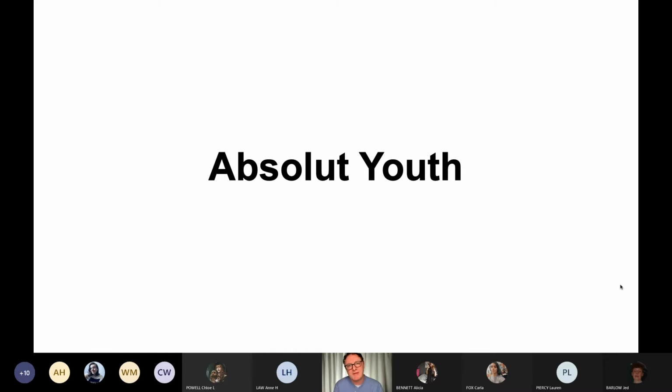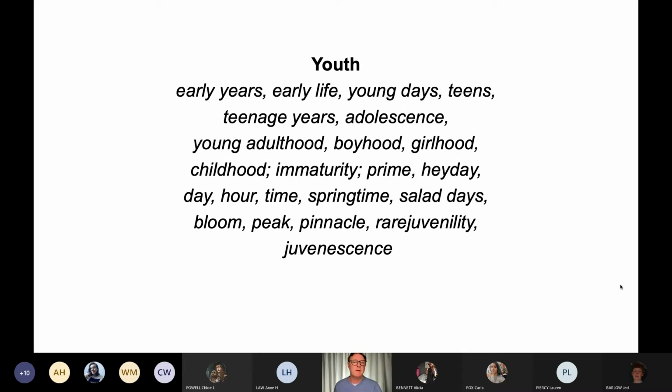I need to look at the message that I'm giving, but I also need to look at the tone of voice. So whether it's going to be serious, humorous, or emotional. So let's do the word salad method, where we have the word youth, and then we search for all the other expressions which can be associated with that word.